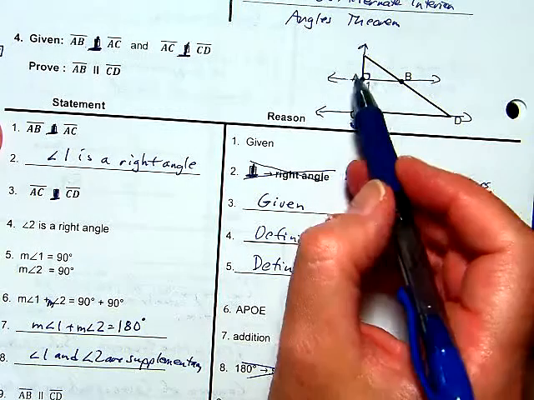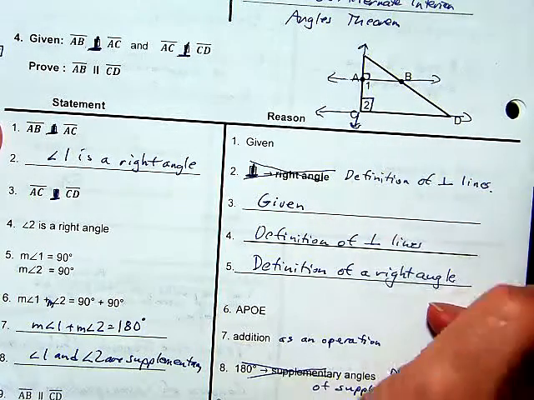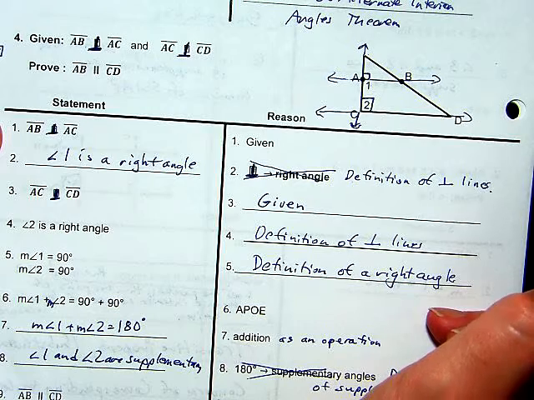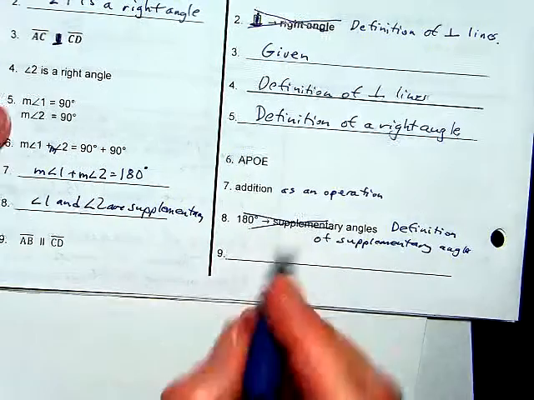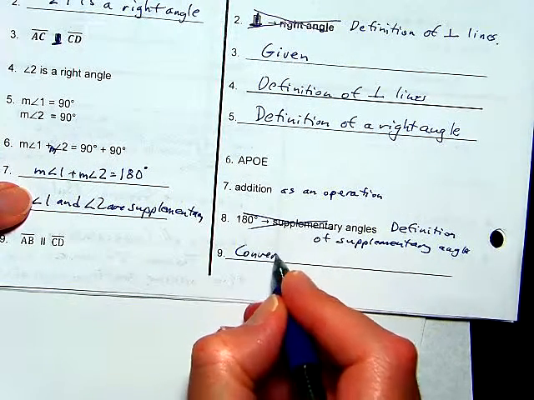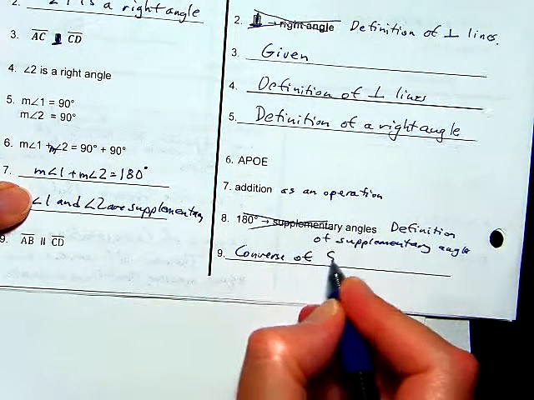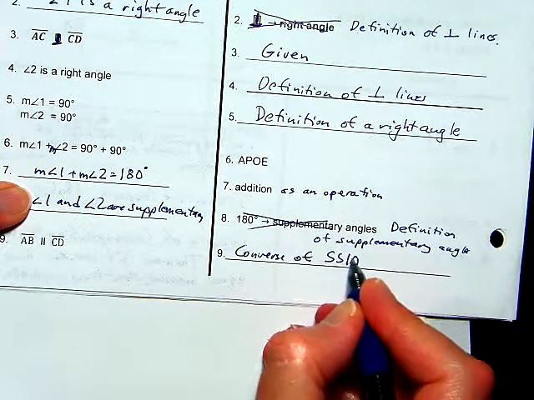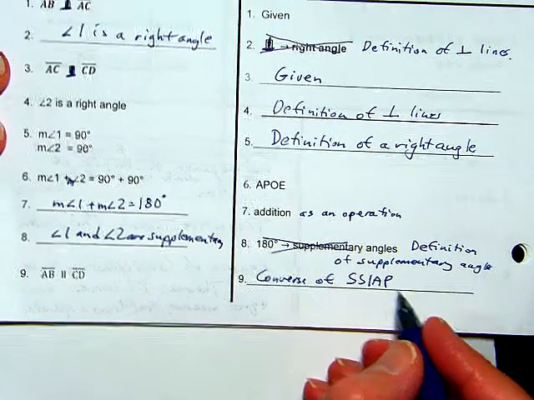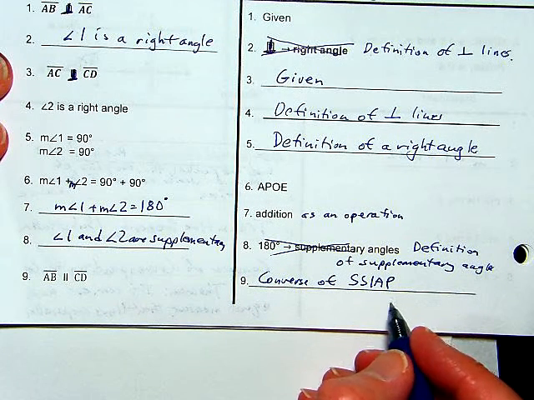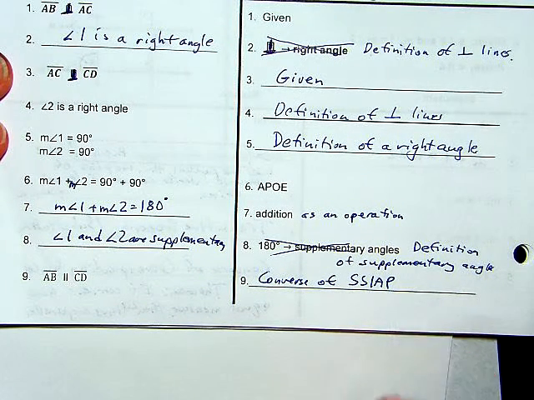That now we're talking about same side interior angles being supplementary, and we know from the converse of the same side interior angles postulate, that if two same side interior angles are supplementary, then the lines are parallel.